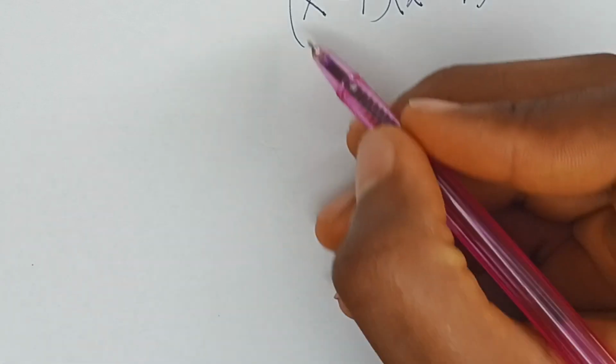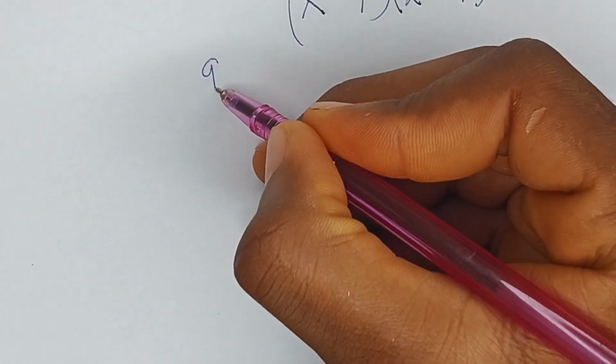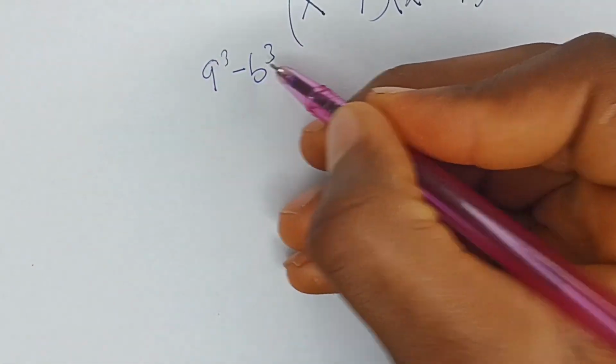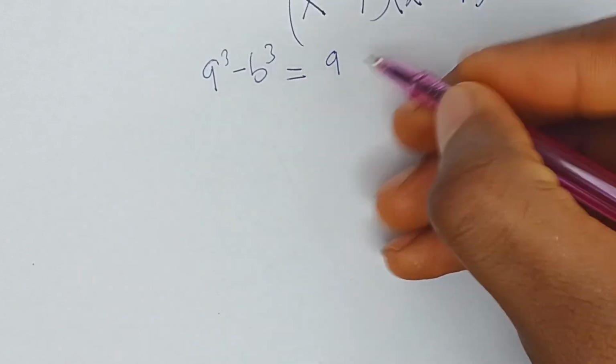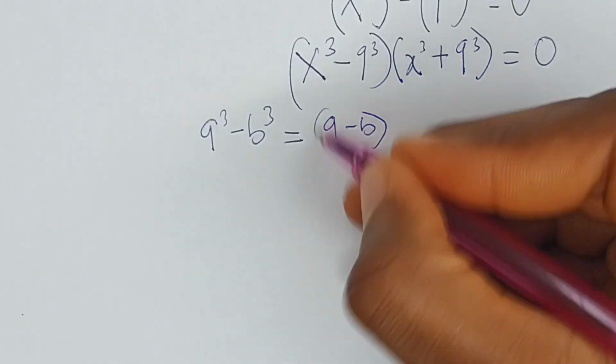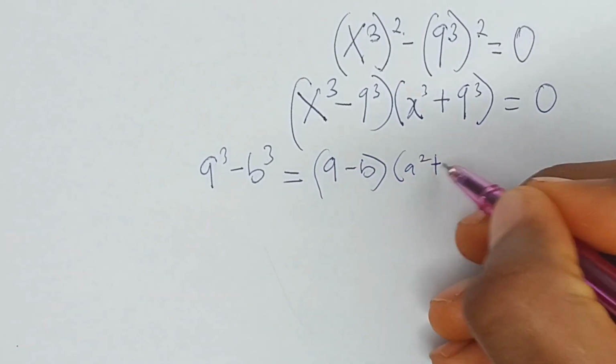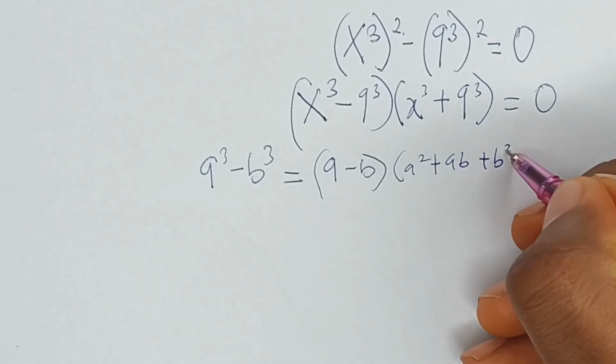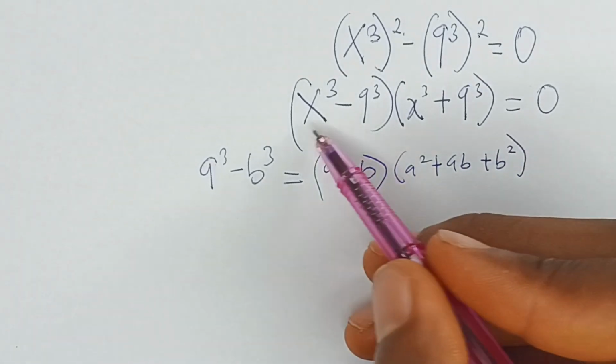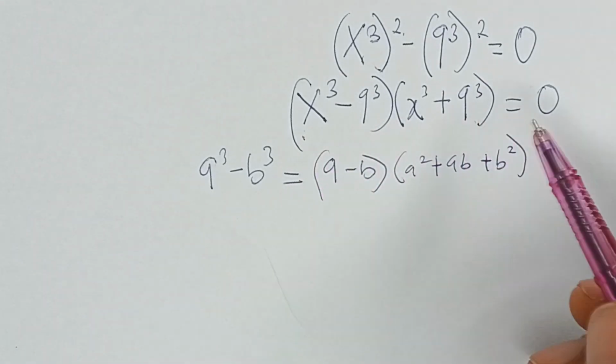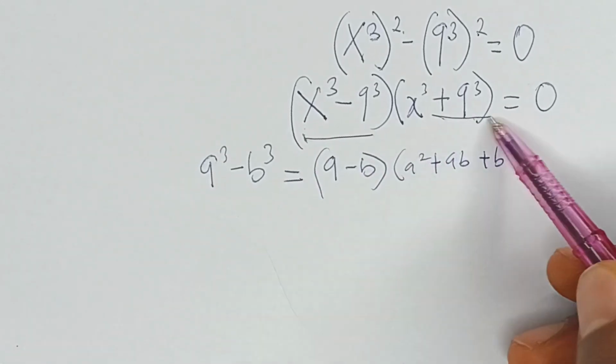Now let's take the laws of difference of two cubes and sum of two cubes. Here, we'll have a raised to the power 3 minus b raised to the power 3 equal to a minus b into a squared plus ab plus b squared. When the product of two things is equal to 0, either the first one is equal to 0 or the second one is equal to 0.